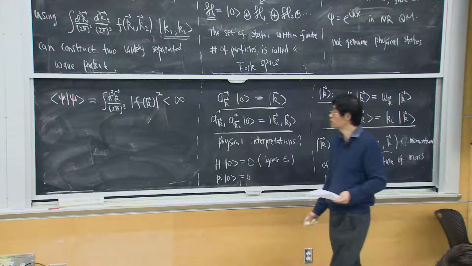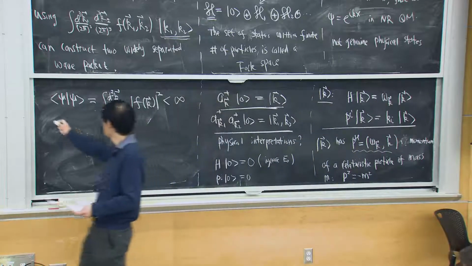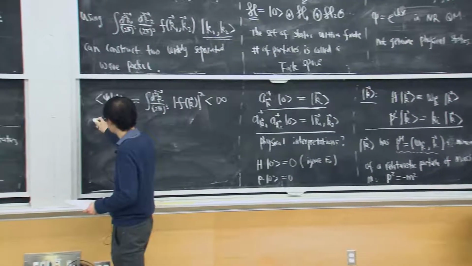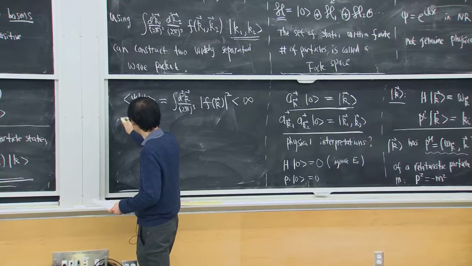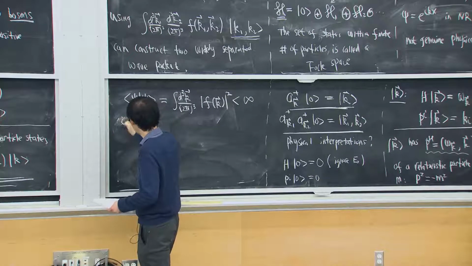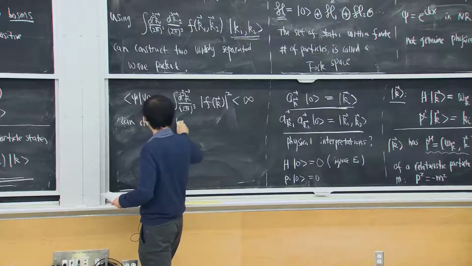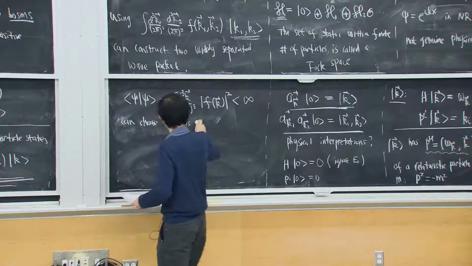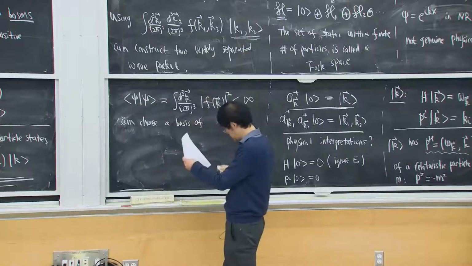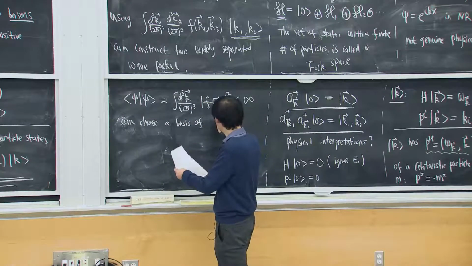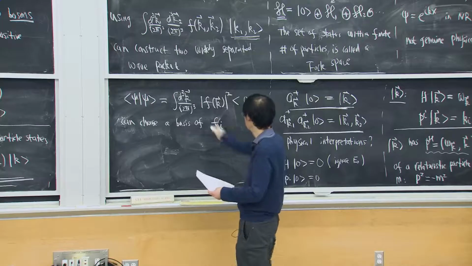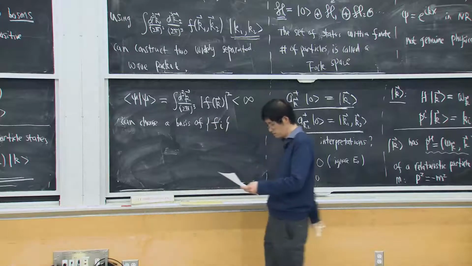So for this reason, sometimes, we don't do it very often, we can choose just a basis of f_i, okay? So I run some number.